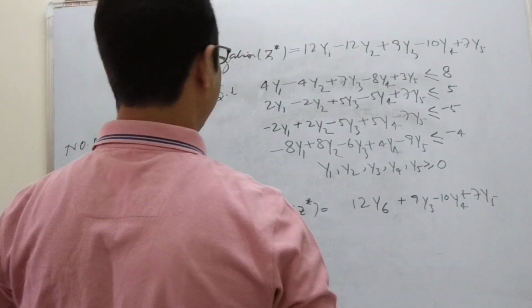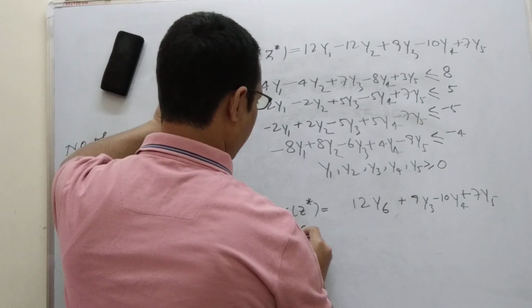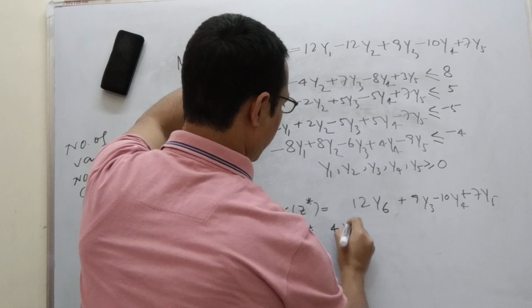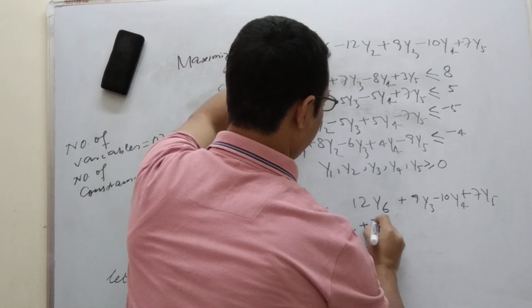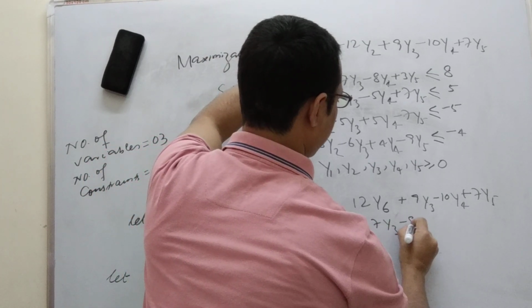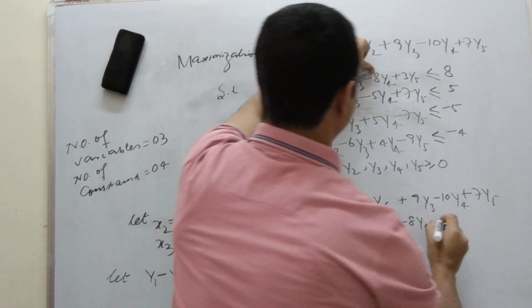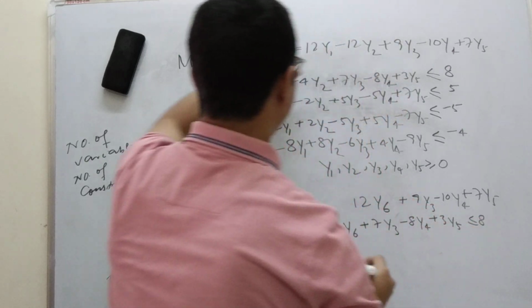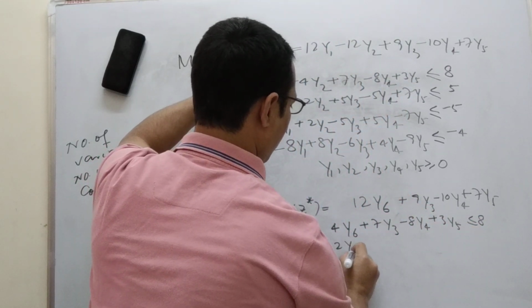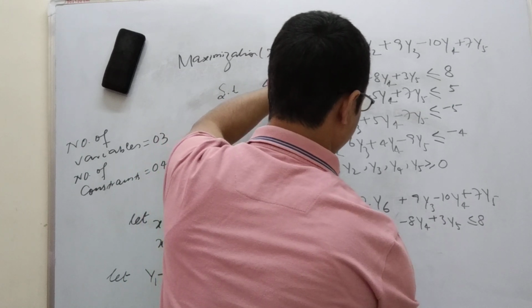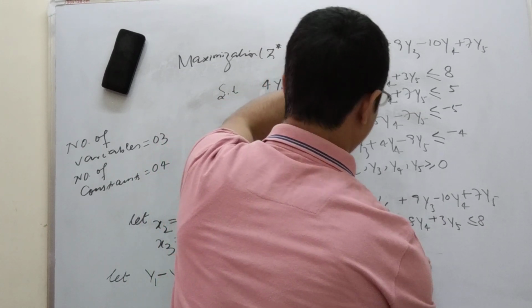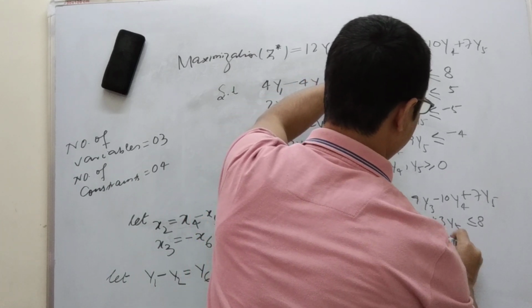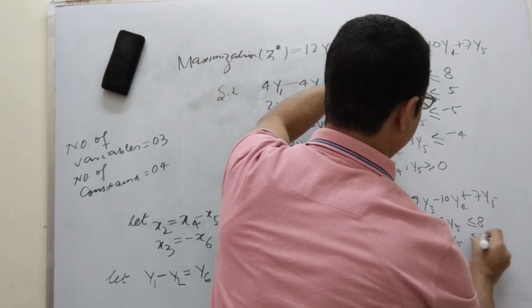Okay, any other changes? No. Now I am going to write the new constraints. For y1 minus y2 as y6: y6 plus 7 y3 minus 8 y4 plus 3 y5 less than or equal to 8. 2 y6 plus 5 y3 minus 5 y4 plus 7 y5 less than or equal to 5.